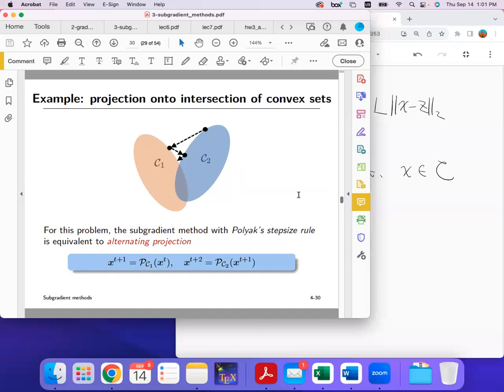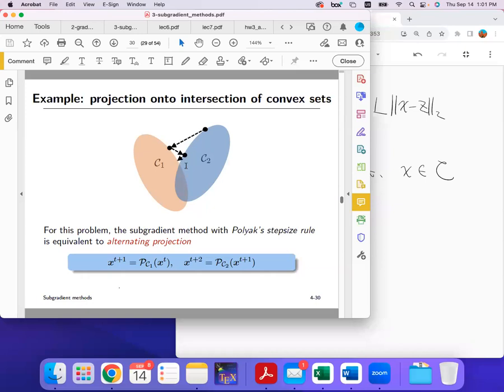And for this problem, we have a classic algorithm. This is a very simple and intuitive algorithm called the alternating projection algorithm. Well, you start from any initial point. Say you start from a point in C2. What you do is project this point onto C1, and then you get a new point. And then you start from this point, you project it back onto C2. You do this alternately.